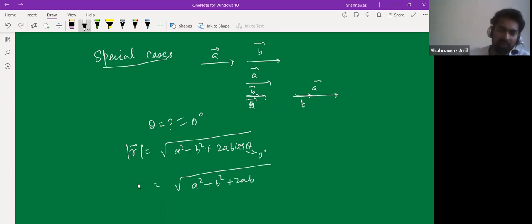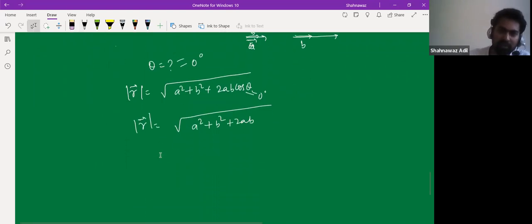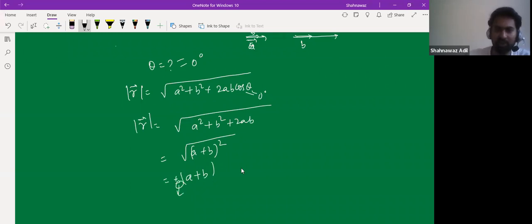Okay. So this is what? This is A plus B whole square. Okay. So the resultant is A plus B. There will be a plus minus sign, but we'll ignore the negative part.